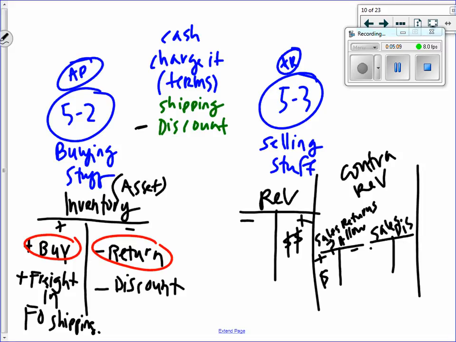Sales discounts has a debit balance, again contradicting. If we're going to let that AR pay sooner, we're not going to let that affect our revenue. Rather, we're going to offset it in a contra account. So do you see how this is much more involved, but yet everybody's in their own camp versus the plus and minuses that impact inventory?